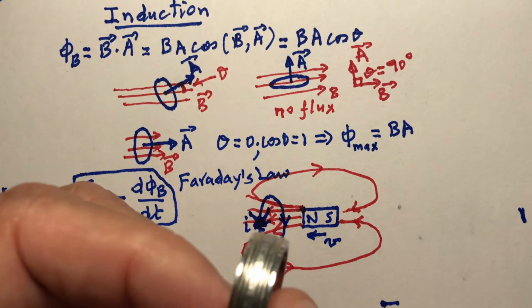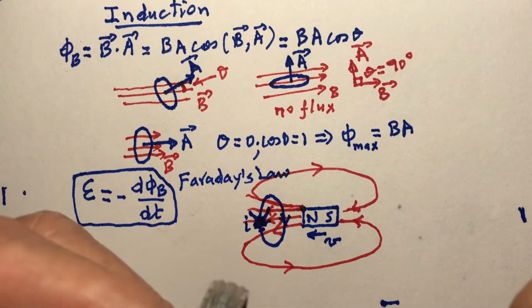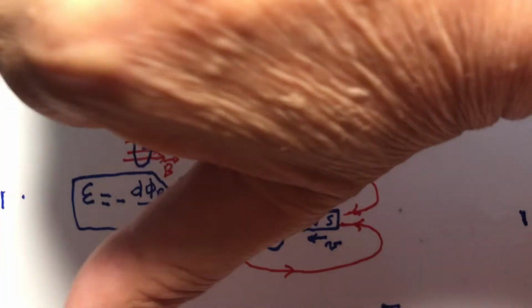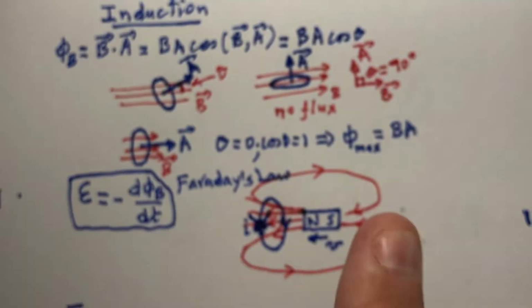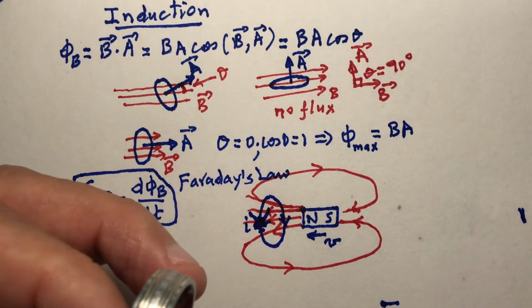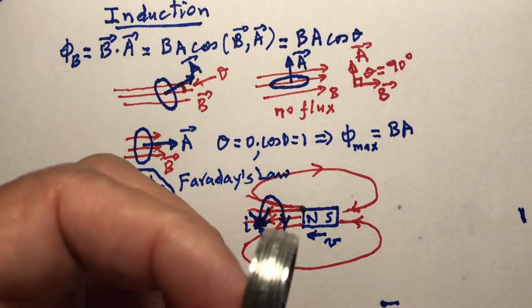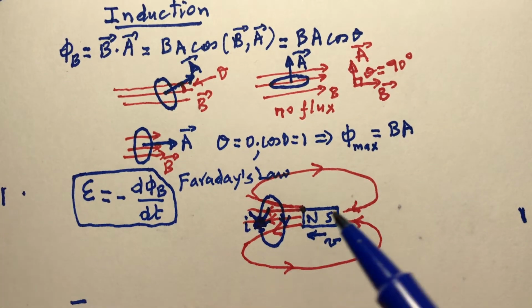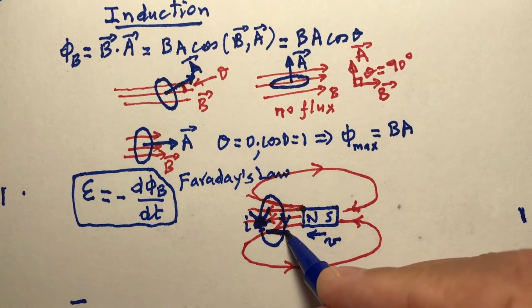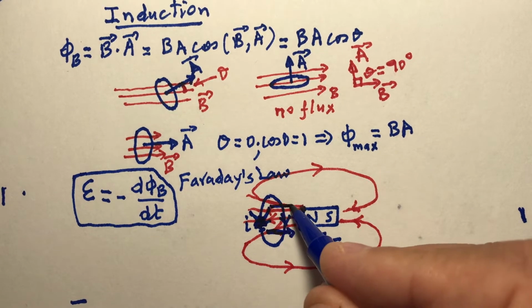So this ring here, if my fingers go down this way, okay, my thumb goes down this way. My fingers are going to the right. So this ring here is going to generate a magnetic field, like a blue magnetic field.